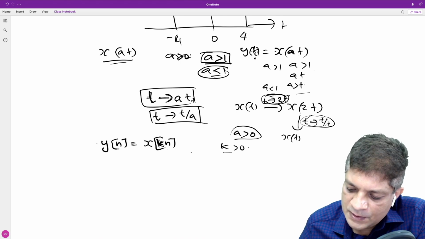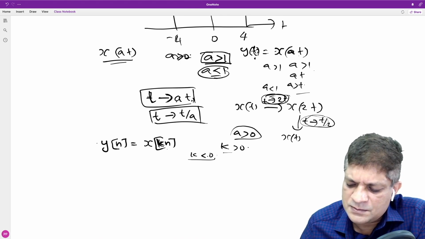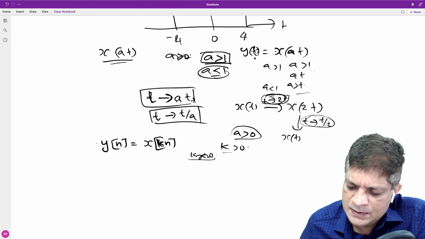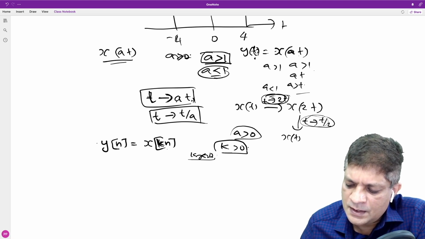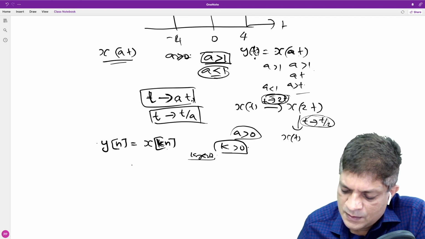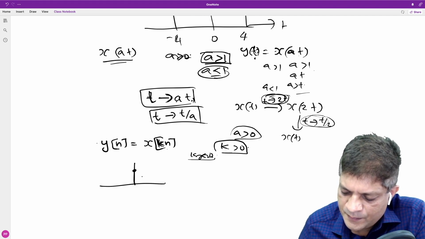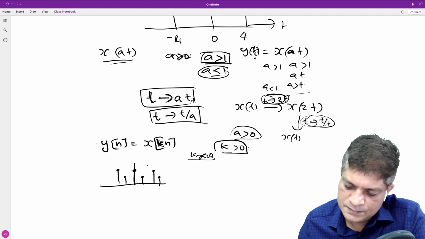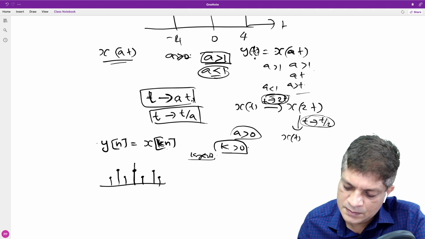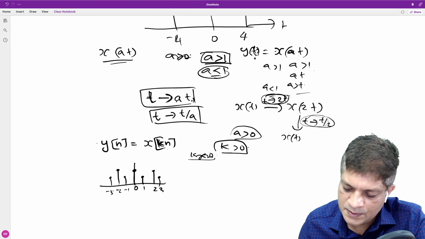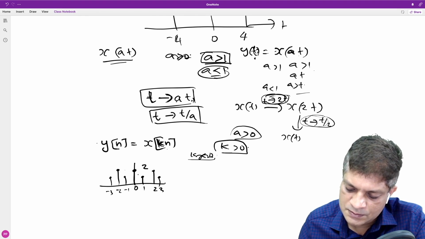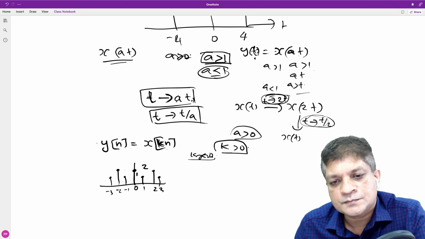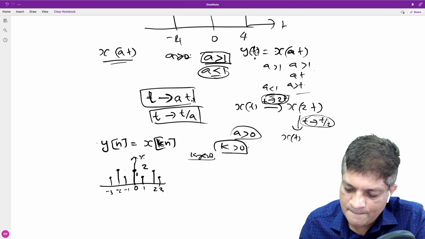Now, is it the same operation? Let us assume that k is greater than 0, and let us consider an example. Let's say this is a signal x[n]. Let us consider this signal over 0, 1, 2, 3, minus 1, minus 2, minus 3, with amplitude 2 and 1. This is the signal x[n].